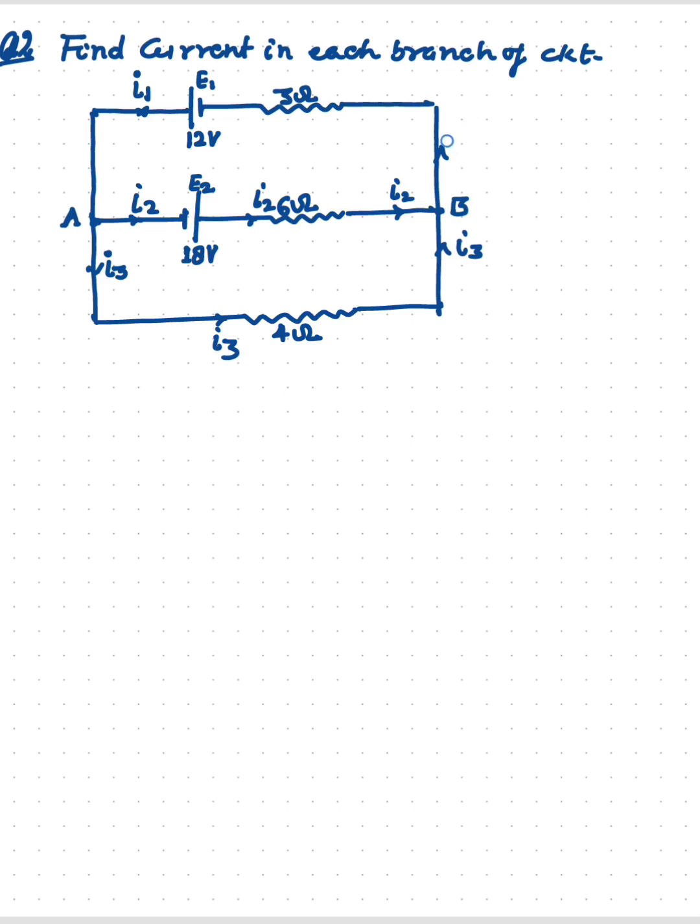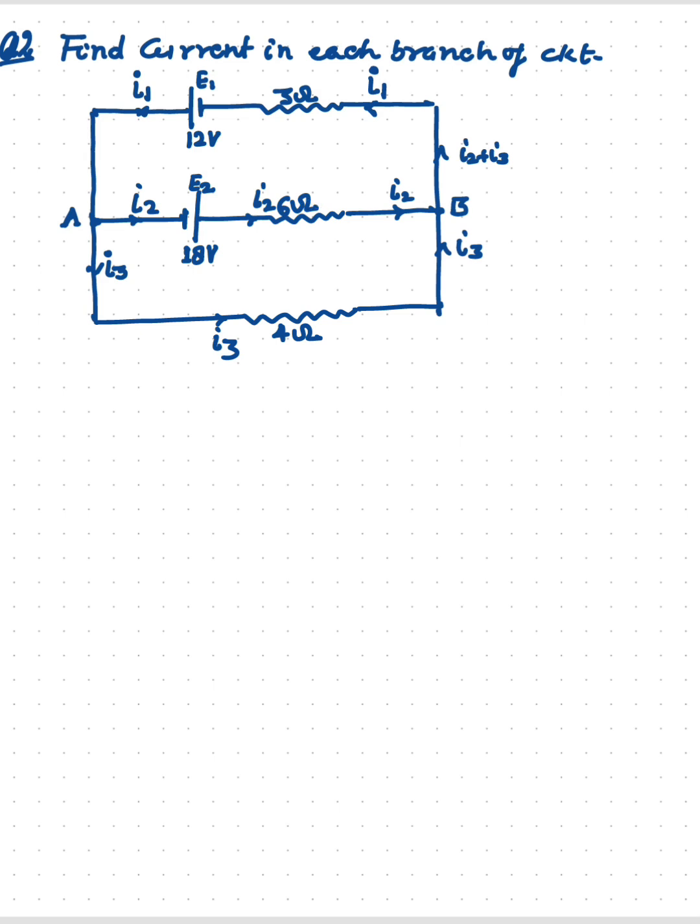So this current will be I2 plus I3, which equals I1. So in the 3 ohm resistance the I1 current is flowing. Clear? Because the rule is: the I1 current flowing from the positive terminal will enter the negative terminal as the same current I1.